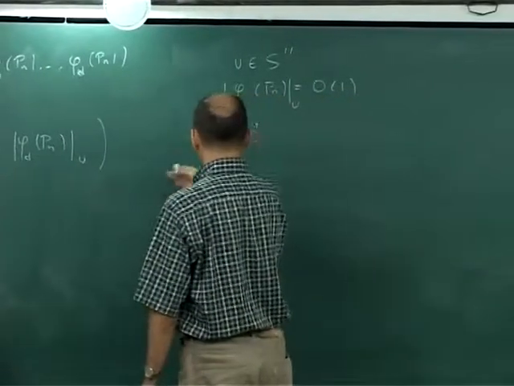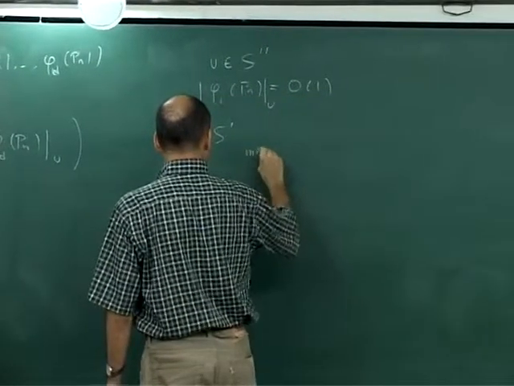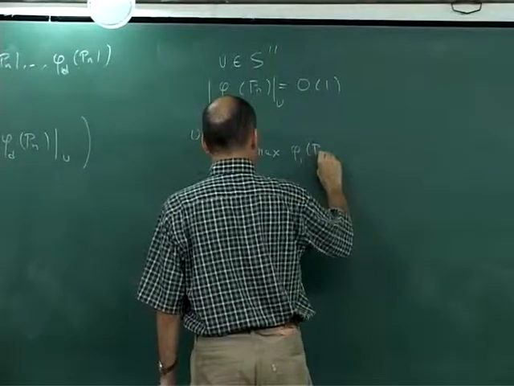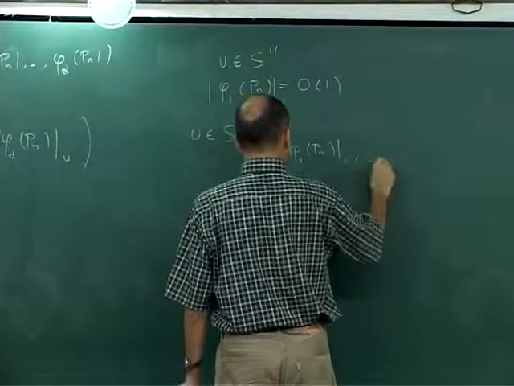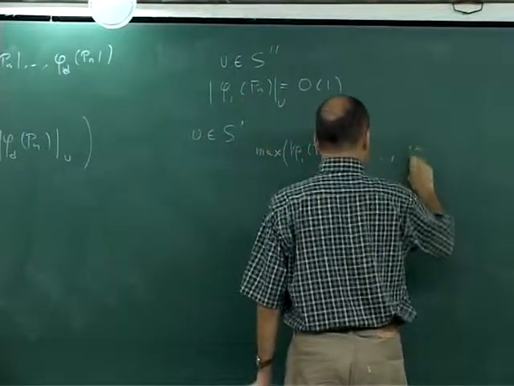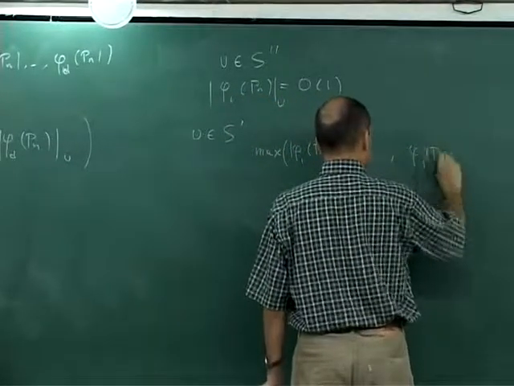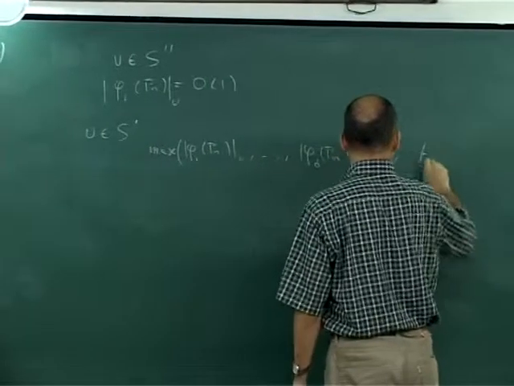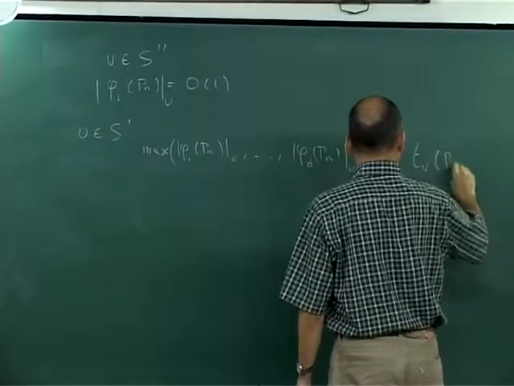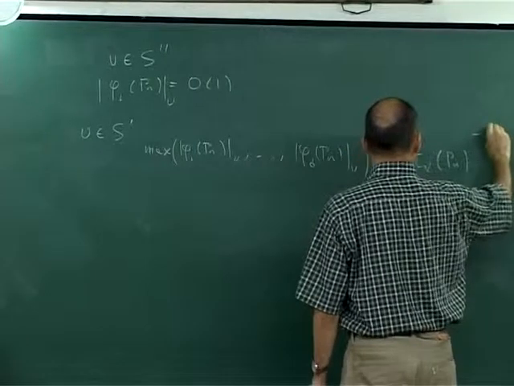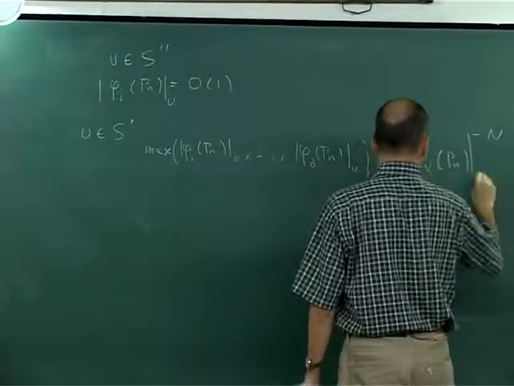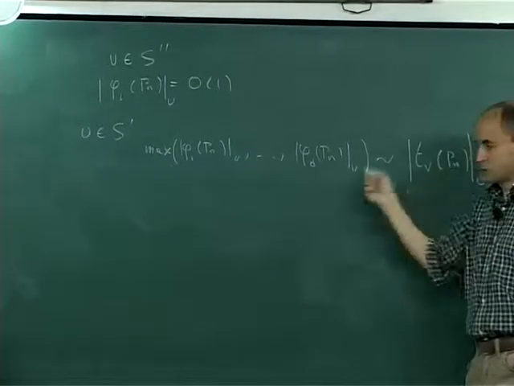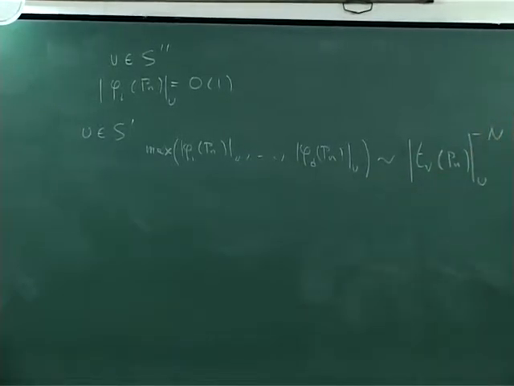So this maximum will be of the order of magnitude of T nu Pn to the minus n. This means that the ratio tends to a non-zero constant.